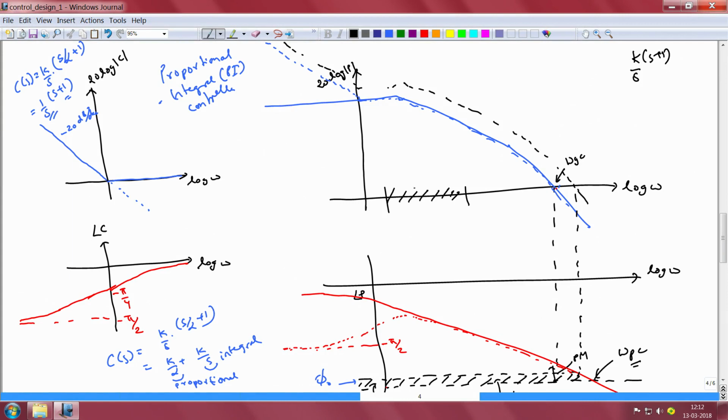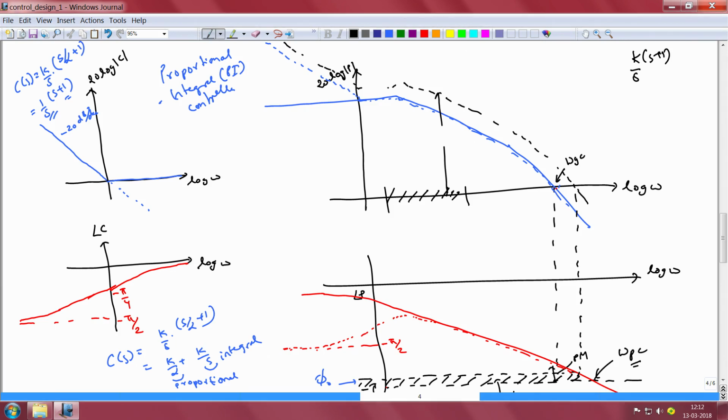Suppose we have disturbances or references whose frequency content is in this range, and the gain that we are able to achieve using a PI controller, namely this much magnitude, is inadequate to track the references with the desired accuracy or reject disturbances by the desired amount.